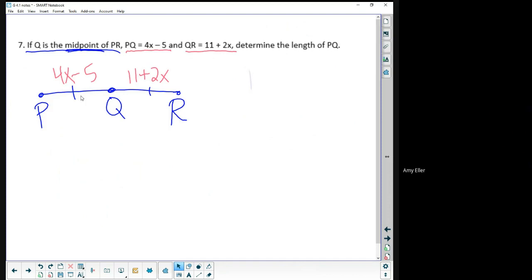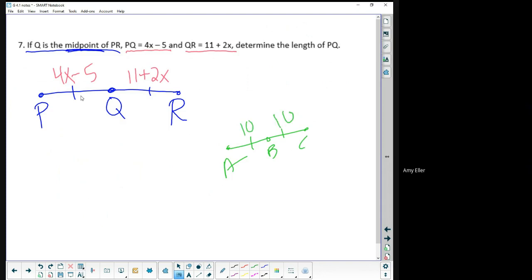Anybody have any ideas based on the picture what we might be able to try? Using the exact midpoint, we could just put each of the expressions on different sides of the equal sign. Yeah, think of it this way. If this is 10, isn't this also 10?